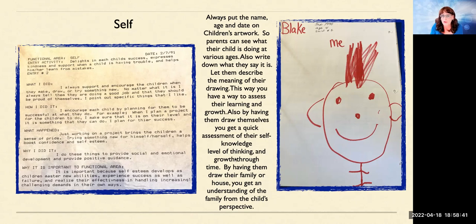By having them draw their family or house, you get an understanding of the family from the child's perspective. So you can see relationships at work. If they're siblings, if they're parents, you can tell if there's issues going on at home by what the child draws. And this is a famous psychological assessment, person tree house.